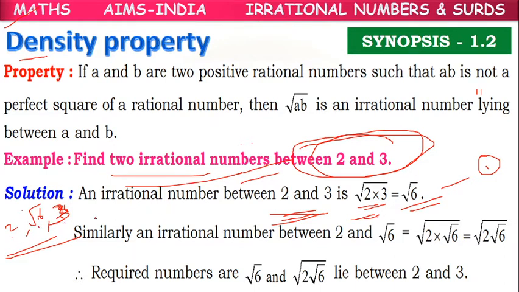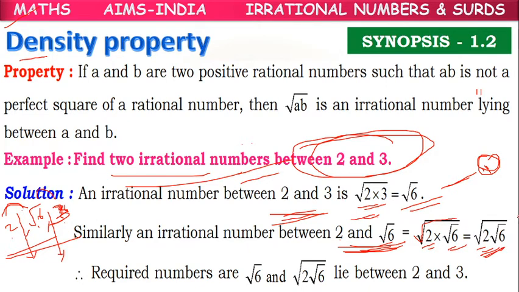But we want to insert one more irrational number between them. For that we can take either of these pairs. Let's take 2 and root 6 and find an irrational number between them. Already we have found root 6, one irrational number. Now between 2 and root 6, we take the product of 2 and root 6 and put it in a root: root 2, root 6.